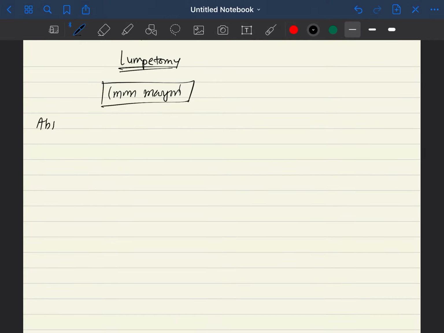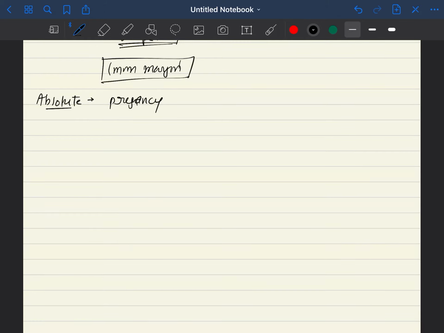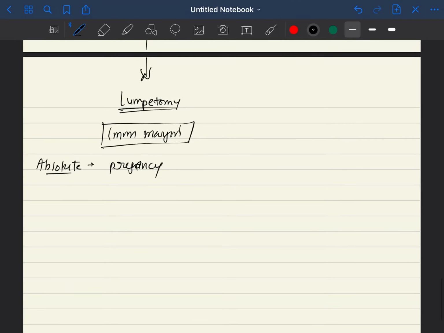The absolute one is pregnancy. If a woman is pregnant, we cannot go for the breast conservation surgery, all right? Actually, we can do the lumpectomy, but whenever we do breast conservation surgery, we have to give radiotherapy afterward, and radiotherapy cannot be given to pregnant women.